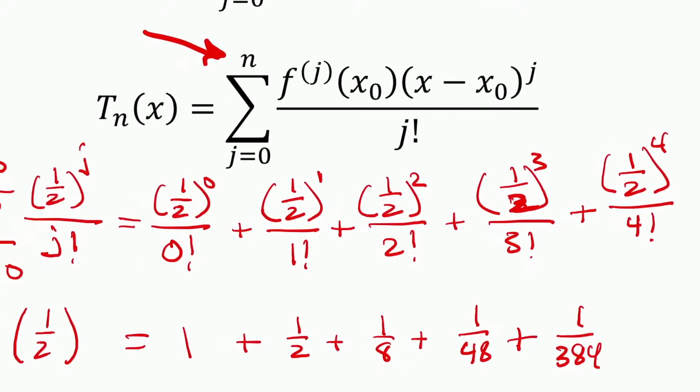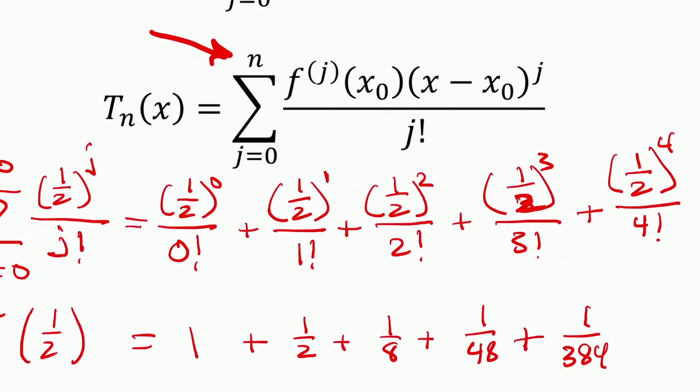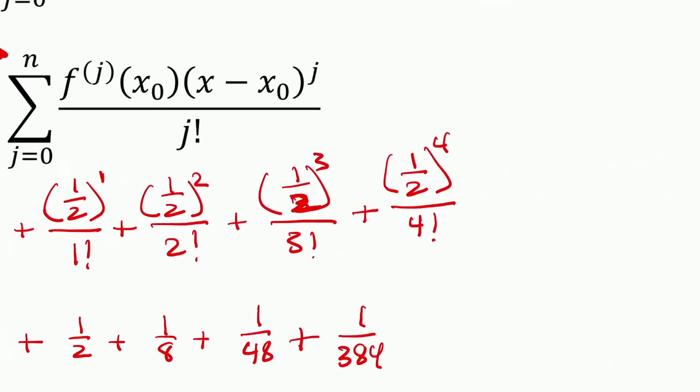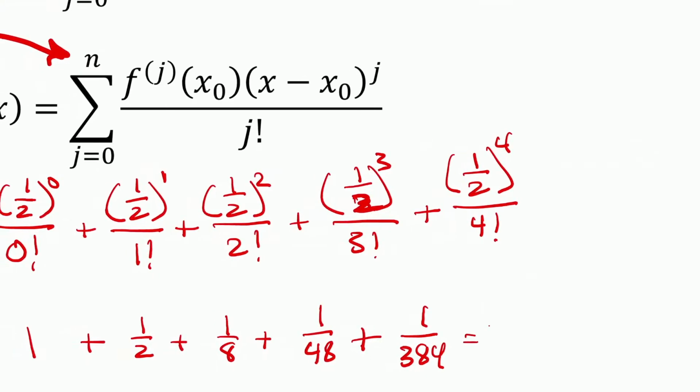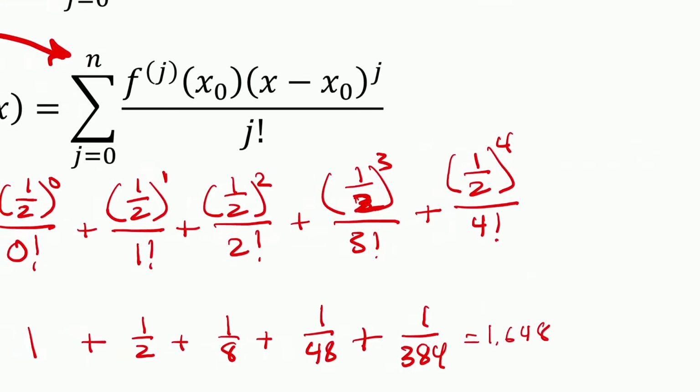So let's add these up and see how close we are to the truth. 1 plus 1/2, 1/8, 1 over 48, and 1 over 384. So I've got 1.648 4375.